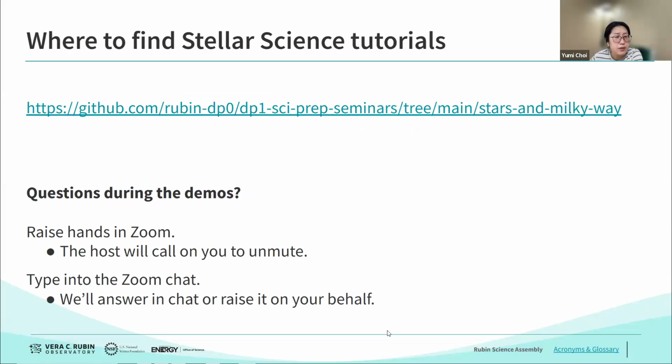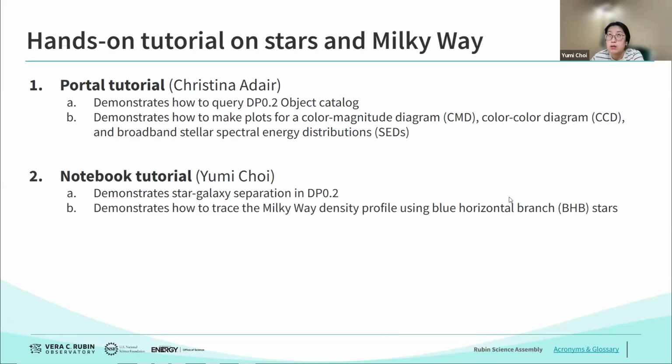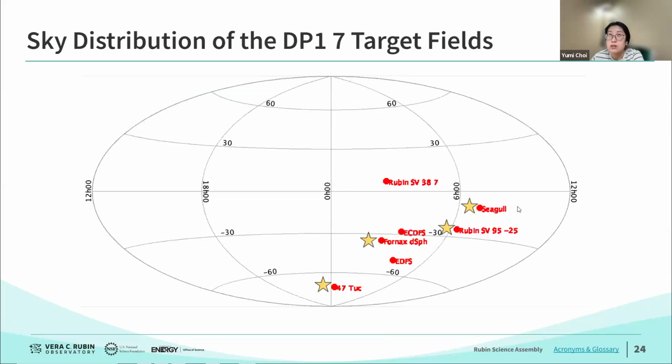Matthew, I was just wondering how the size of DP2 will compare to that of DP1 in sky coverage. Oh, sky coverage. The sky coverage for DP1 is very small. It's basically a single pointing with the dithering, the ComCam field of view. Is that right?